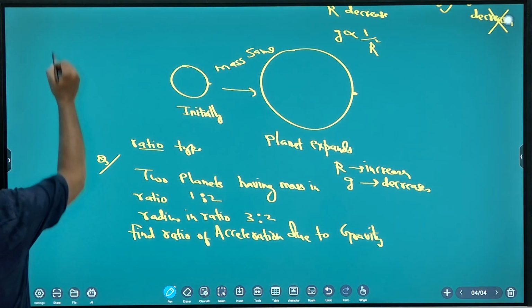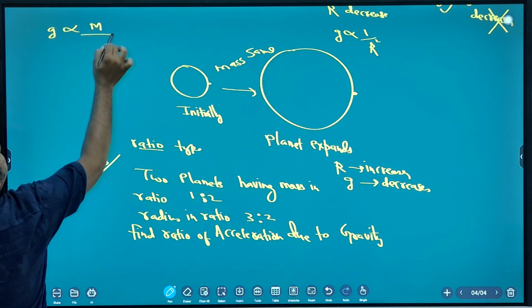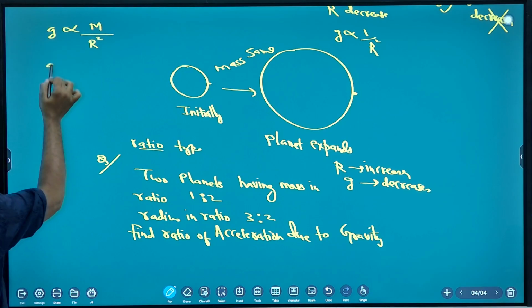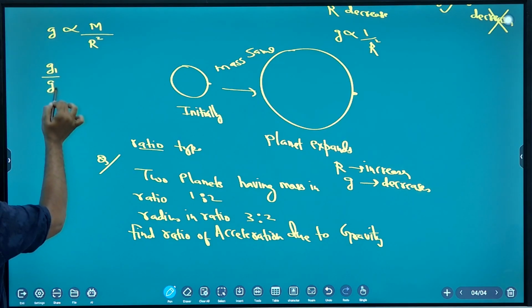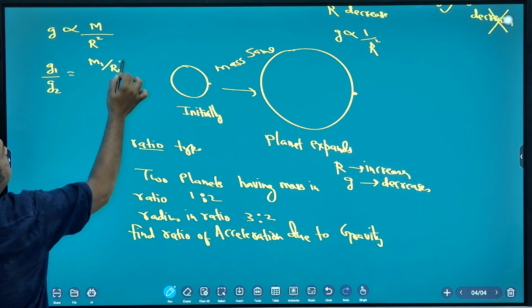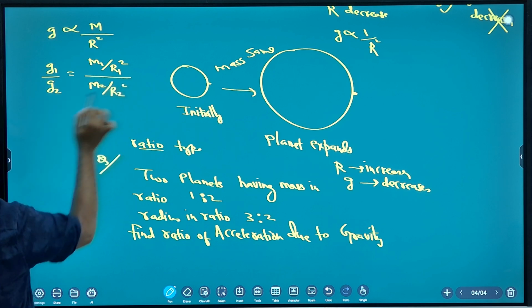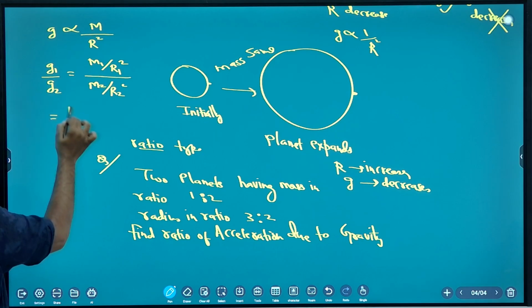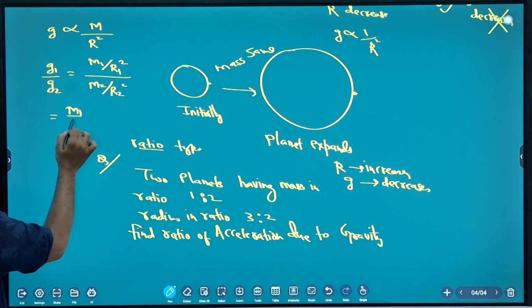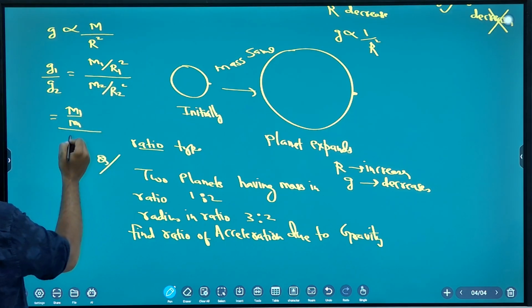So you can use this formula. g is directly proportional to mass of the planet, inversely proportional to radius square. So g1 by g2 will be equal to M1 by R1 square divided by M2 by R2 square. So this will be equal to M1 by M2 divided by R1 by R2 whole square.